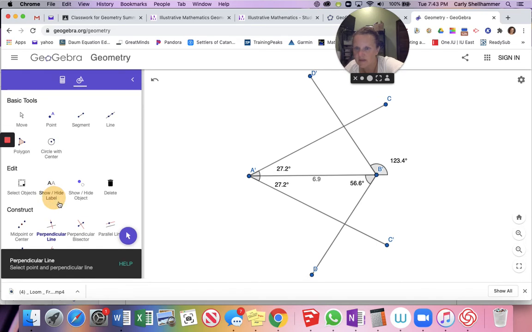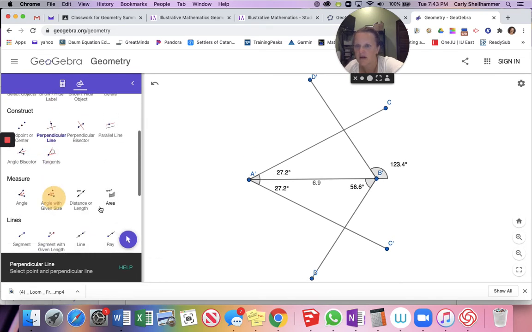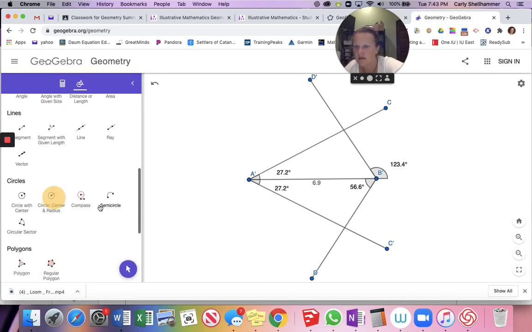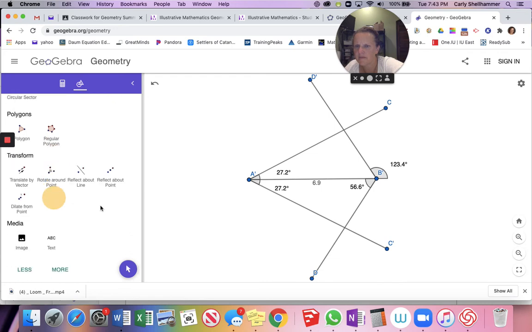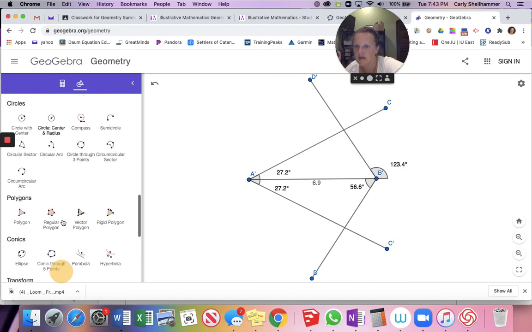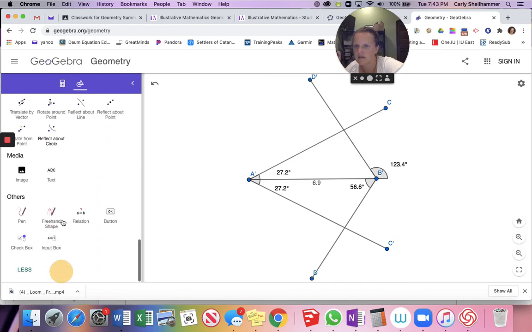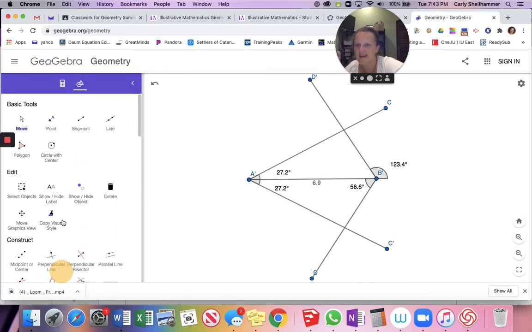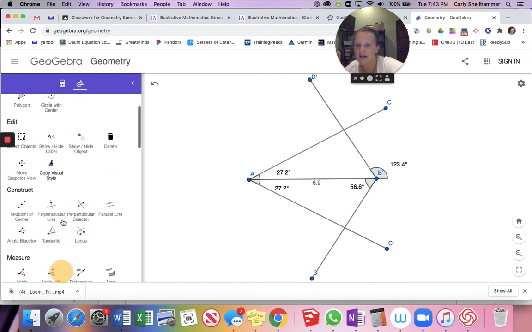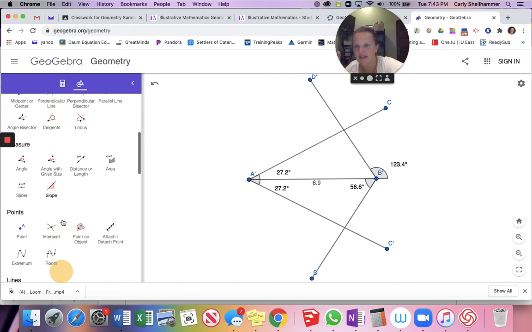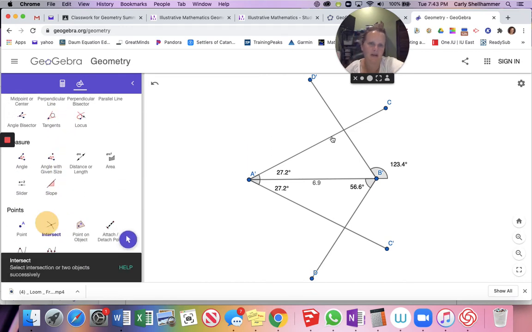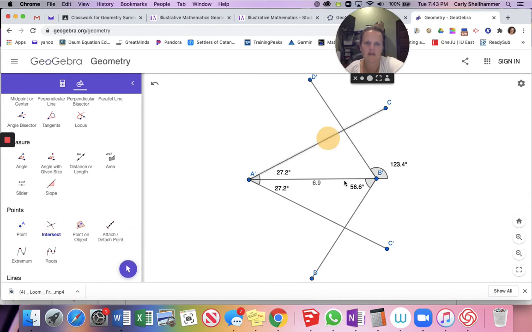Where's my points? I need to mark the lines, conics, polygons. I can never find the gosh darn intersection. There it is. Whew. Because I need to mark where these two things intersect.